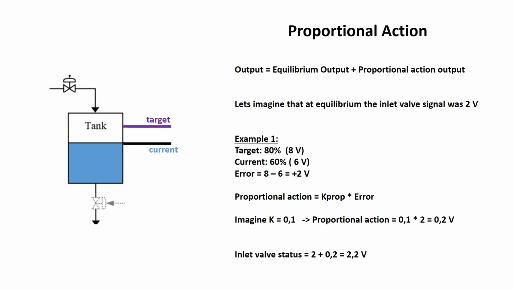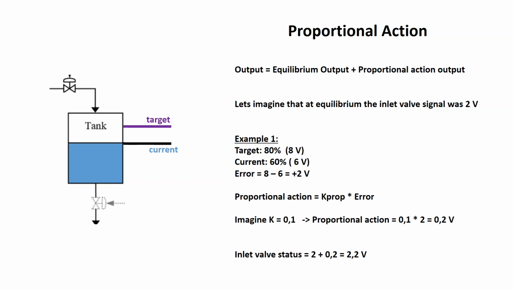In this example, let's say that we want to set 80% and we have 60%. We calculate the error, and that's 8 minus 6, so that's 2 volts. The units are not important. We can talk about in percent, volt, or whatever unit. That's not important. So in this case, the error is 2 volts.